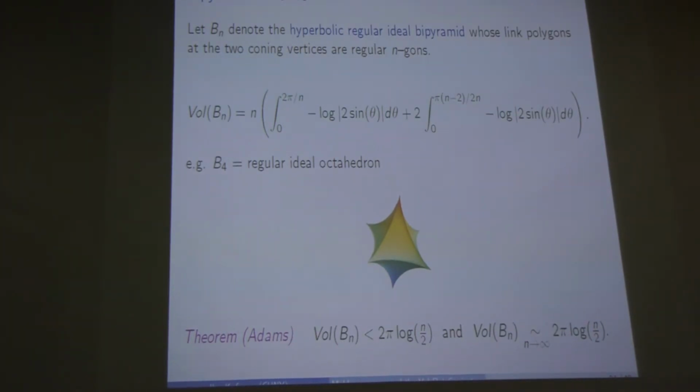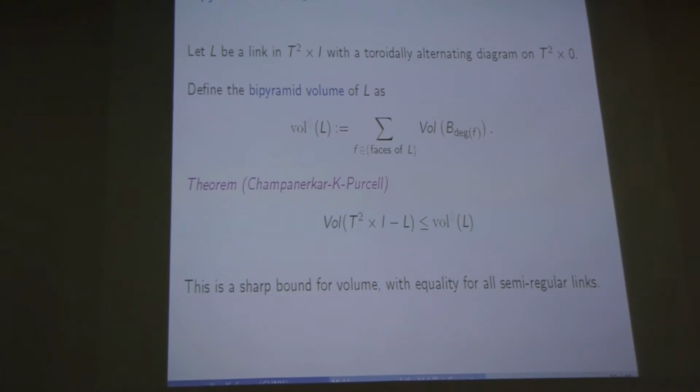Okay? So now, if you have a link in T2 cross I with a toroidally alternating diagram on T2 cross 0, then we define the bipyramid volume as the volume on the faces of the link. So this is a hyperbolic volume that's fundamentally a diagrammatic invariant, obtained by geometrically putting a face-centered bipyramid on every face.